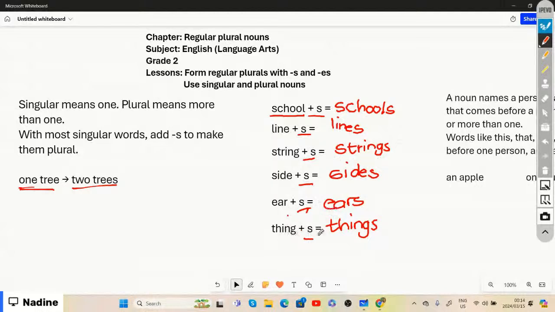One thing, let's say three things, for example. So basically, we just add an S to a singular word in order to change it into a plural word. So our chapter is plural nouns, regular plural nouns. We're going to go deep into what regular plural nouns are.